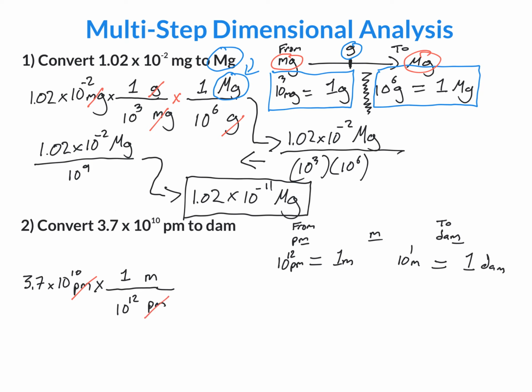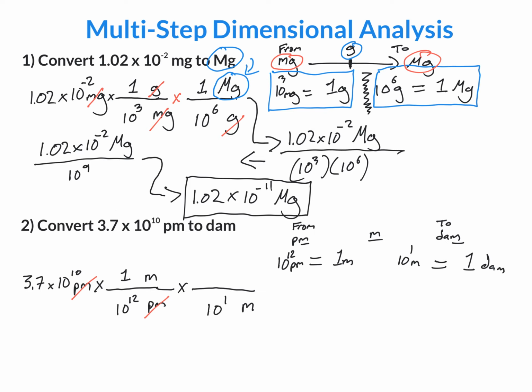Now, our goal was not to convert to meters. We need to go all the way to decameters. So, we finish off with our second conversion factor. We say, okay, meters is here. That must mean that meters goes in the denominator so that they cancel out. Then, we go to our second conversion factor and we find meters and we see what's next to it, 10 to the 1. 10 to the 1 must be in the denominator.